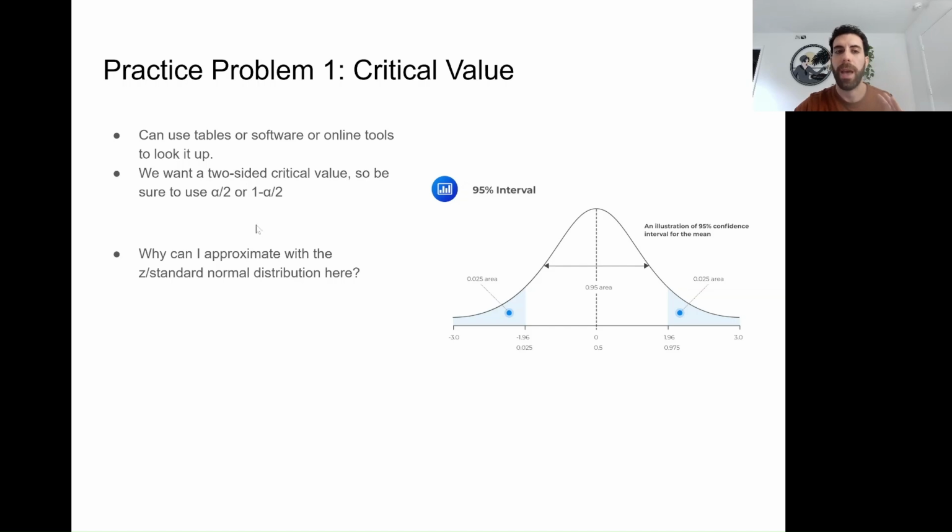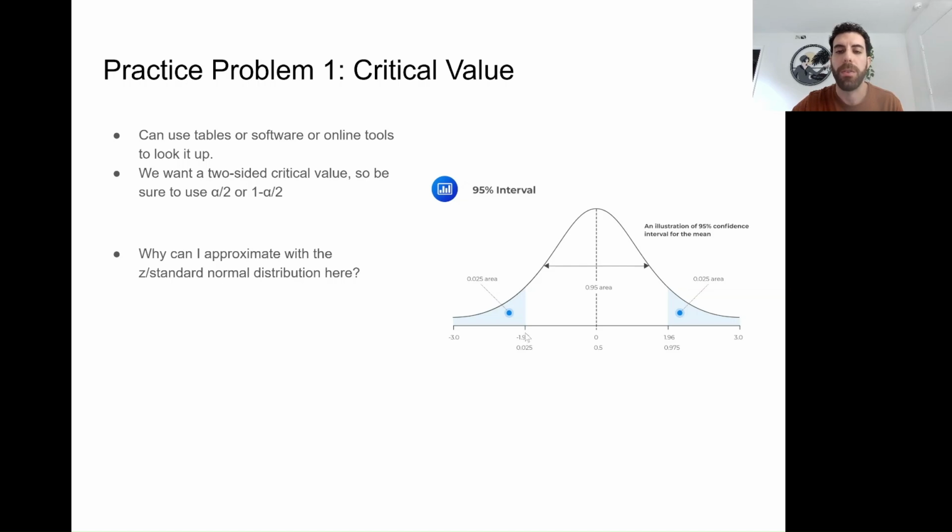You want to use alpha divided by 2 or 1 minus alpha divided by 2, which corresponds to 2.5% or 97.5%. Because we want 95% to be within our critical value bounds, between the negative and the positive. So that means there's 2.5% on either side.